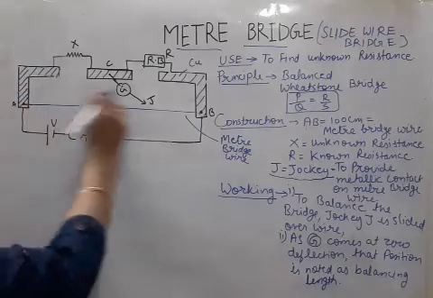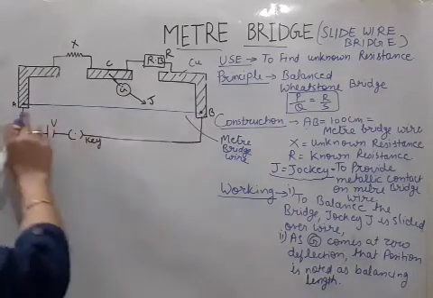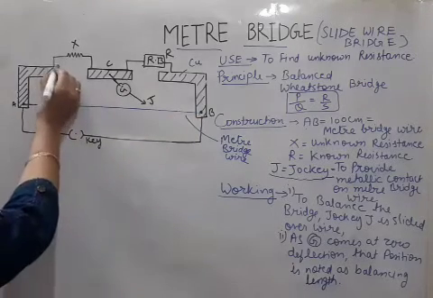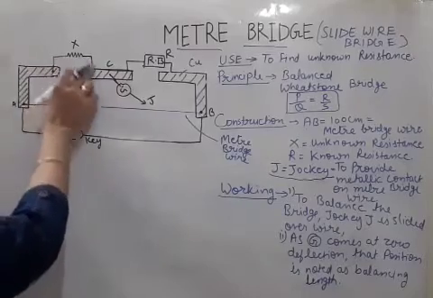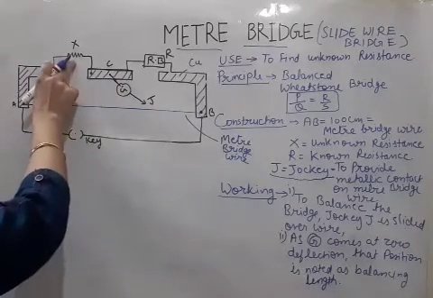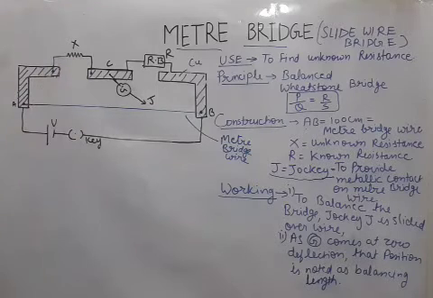Between the first and last copper strips, at the end, we connect the meter bridge wire. Then you can see a gap here. Between this first gap we connect the unknown resistance X, whose value we have to find out.